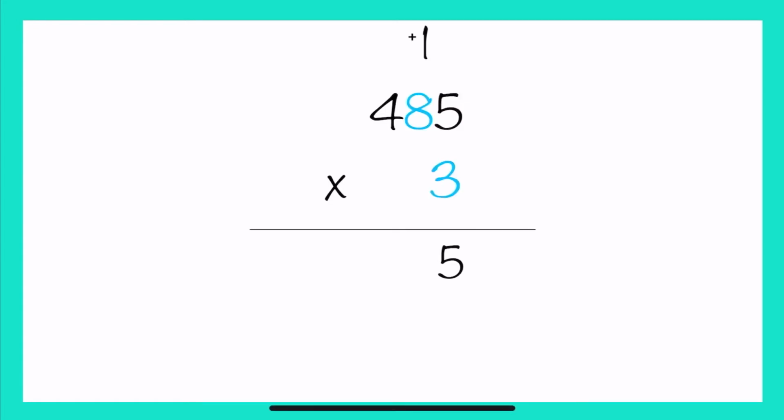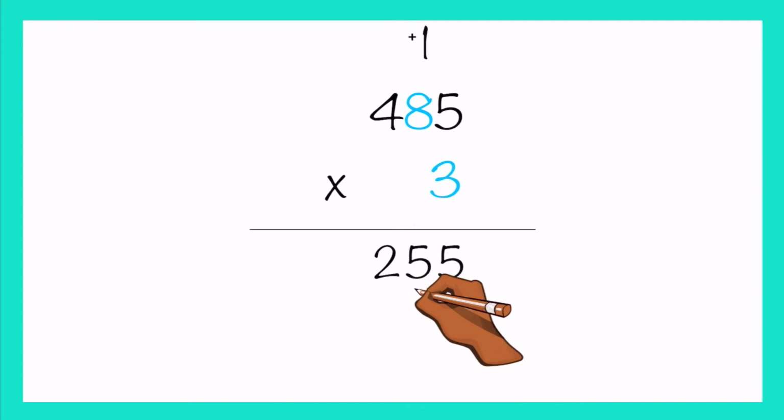Next, 8 tens times 3 equals 24 tens. And then we add in that 1. 24 plus 1 is 25, so that's 25 tens. And then we carry that 2 up to the top of the next place value. Remember, we always add that extra number after you multiply.